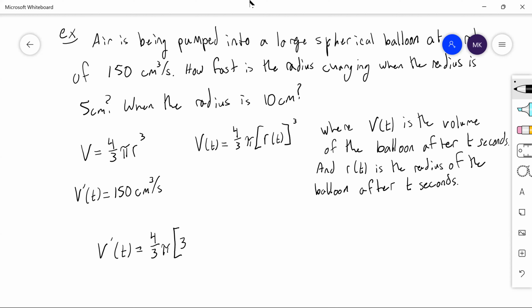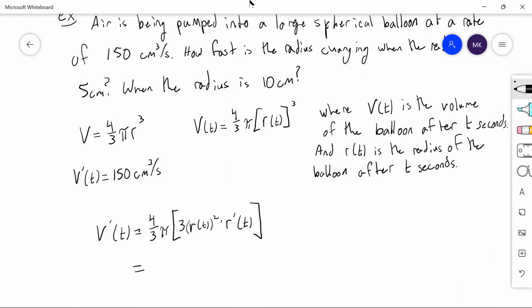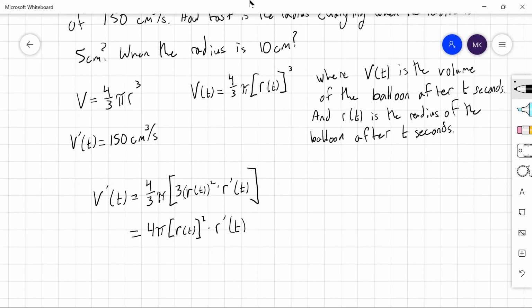And so we get 3 r of t squared times r prime of t. Now that simplifies nicely, right? The 3 and the 3 cancel out. We end up with just 4 pi times r of t squared times r prime of t.